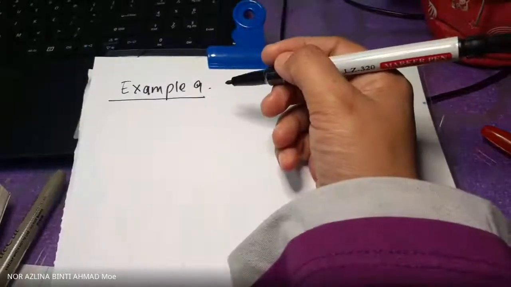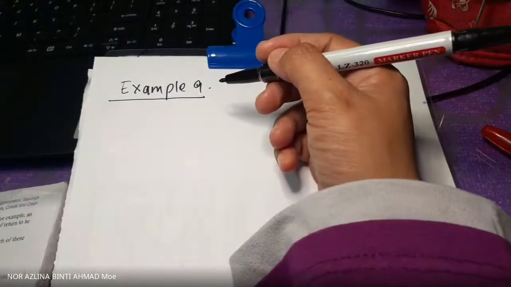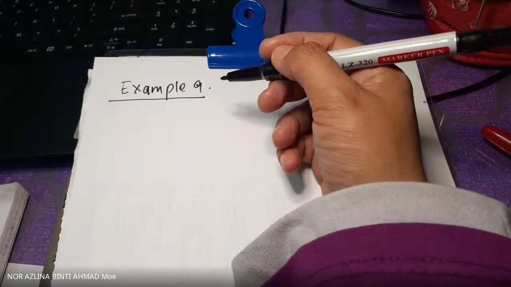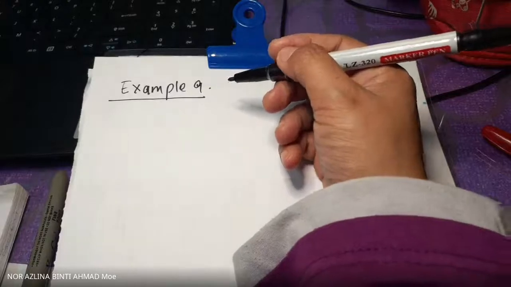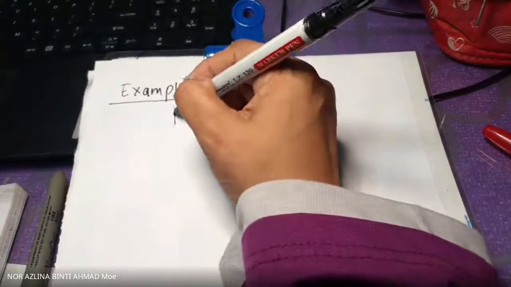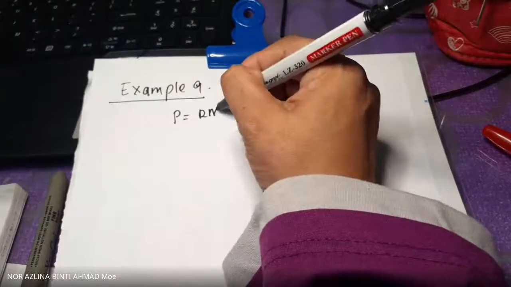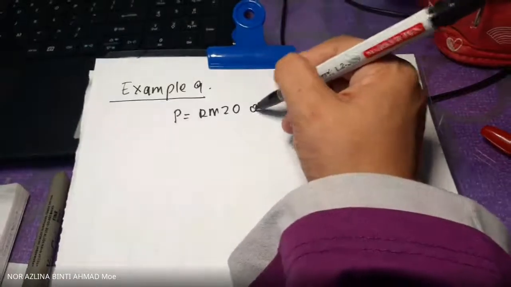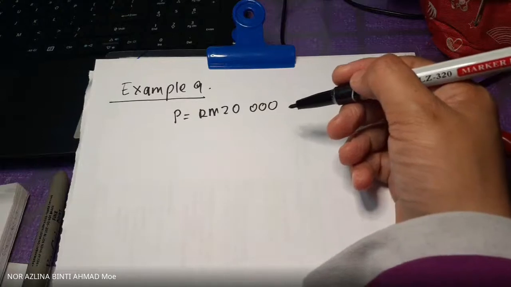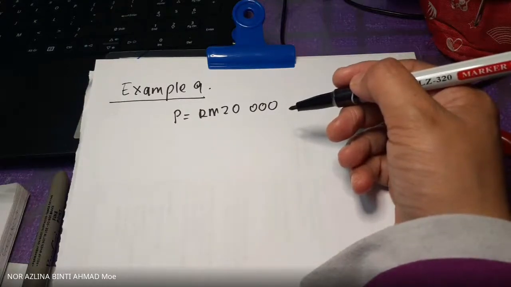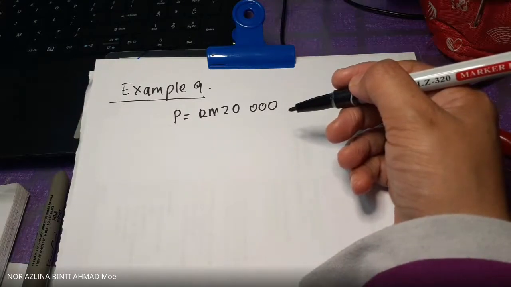Example 9. Encik Osman saves RM 20,000, this is the principal, in a saving account in an Islamic bank according to the principle of Wadiah for 1 year.